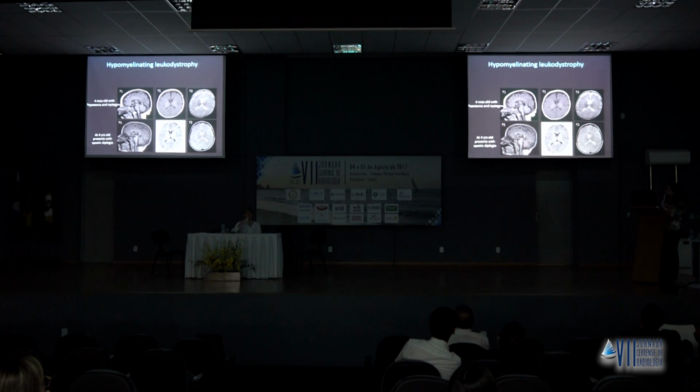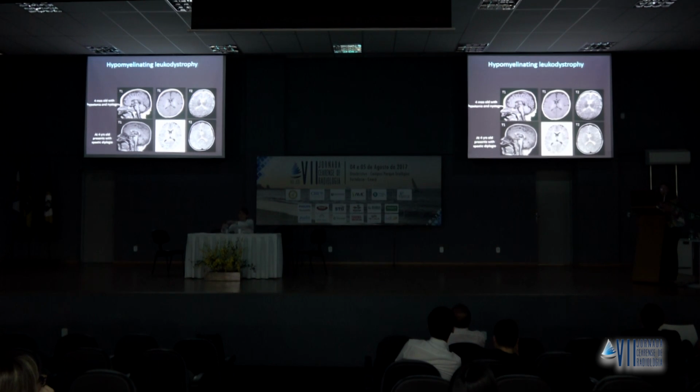And so what we can see now is the cerebellum looks a little bit smaller. We have normal progression of myelination on the T1 weighted imaging, but if you look at the T2 weighted image for a 4-year-old child, that doesn't look normal. There's not enough dark signal there for where you would expect to have with a normal amount of myelin.